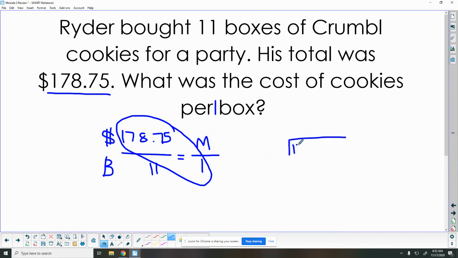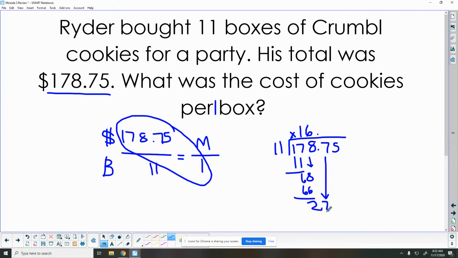So we've got 178.75. I'm going to bring my decimal up, dividing by 11. So 11 can't go into 1. It goes in here 1 time. 6 left over. Bring down my 8. So 11 goes into 68 6 times, which is 66. 2 left over.